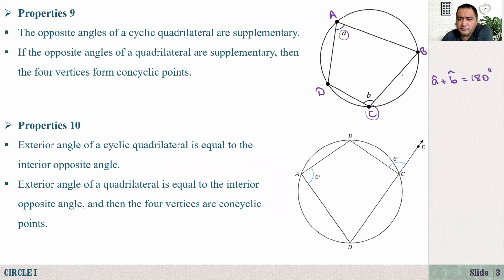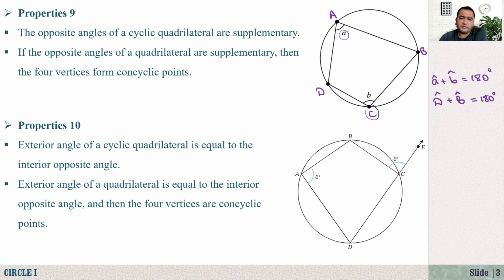In a similar way, angle D plus angle B is also equal to 180 degrees. Why? Because it is a cyclic quadrilateral.